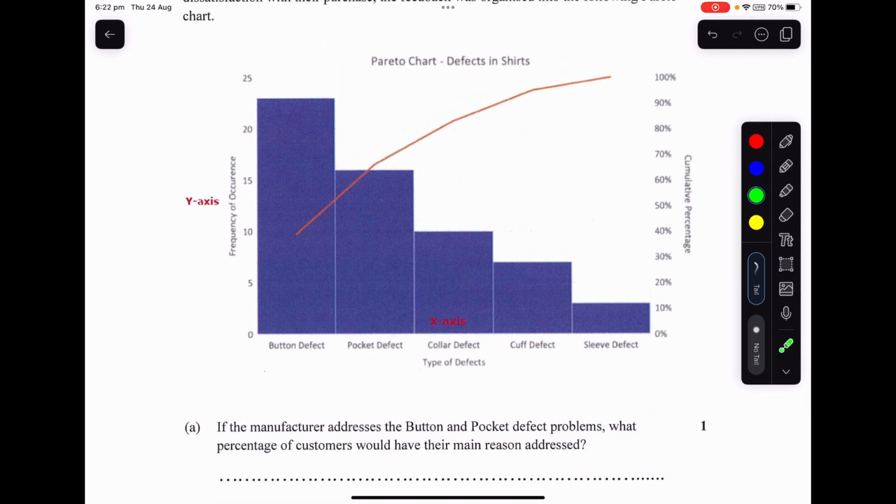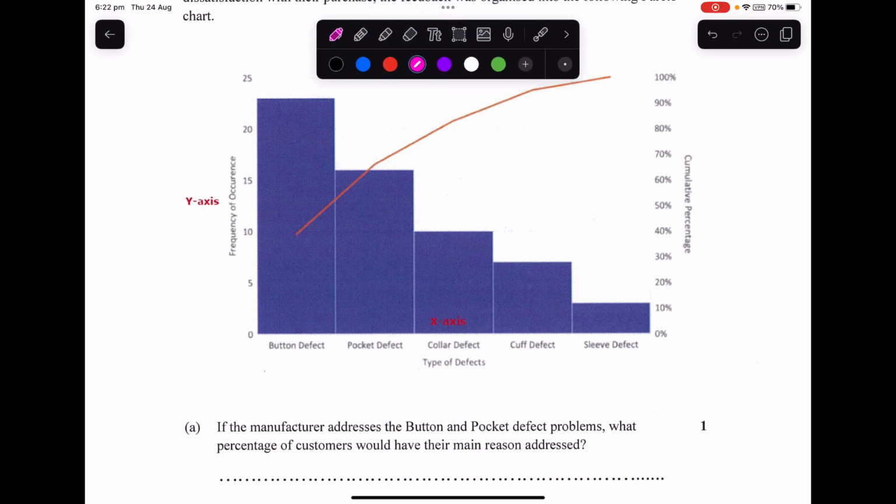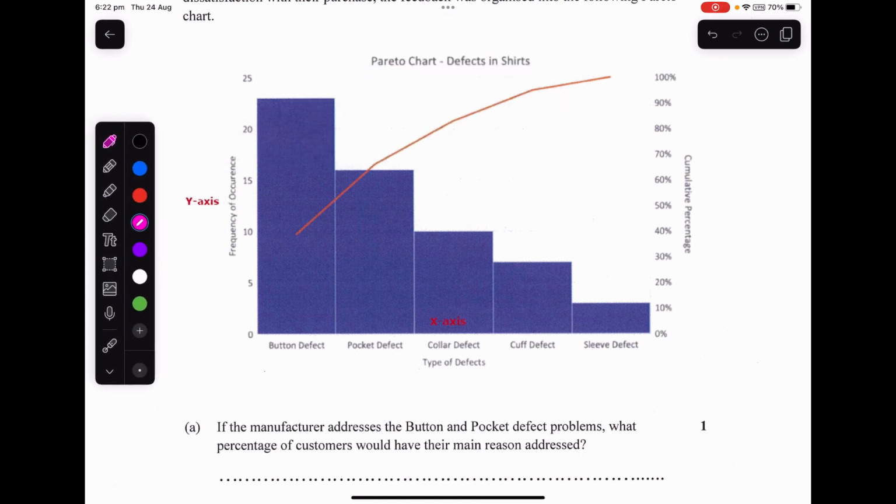Now, the first thing I would do with any Pareto chart, because it's always about the percentages, I would go and look at my percentages. So the easiest way to work out which percentage is related to which one is to go from the right to the left, sorry. So we're always going to end up at 100%, okay? So here, this one's 100%.